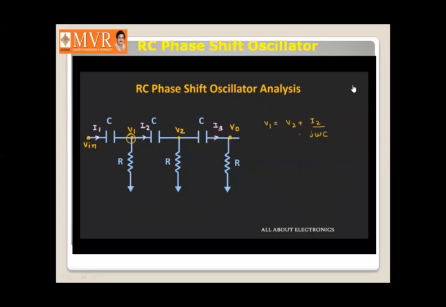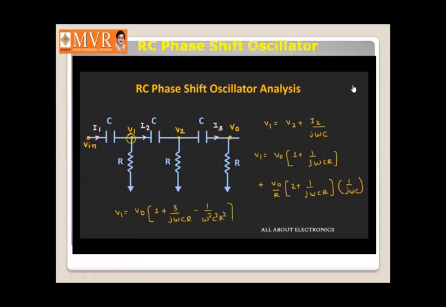So if you put the value of this V2 and I2, then we can write the expression of V1 as VO times 1 plus 1 by j omega CR plus VO by R times 2 plus 1 by j omega CR multiplied by 1 by j omega C. And if we solve this expression, then the value of this V1 will be equal to VO times 1 plus 3 by j omega CR minus 1 by omega square C square R square.